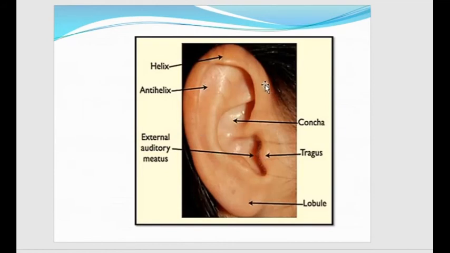It is connected with the side of the skull by ligaments and membranes. The auricle is nothing but a single piece of yellow elastic cartilage that is covered by perichondrium. So back again, this is the only visible part and is made of a single piece of yellow elastic cartilage and is attached to the side of the skull.